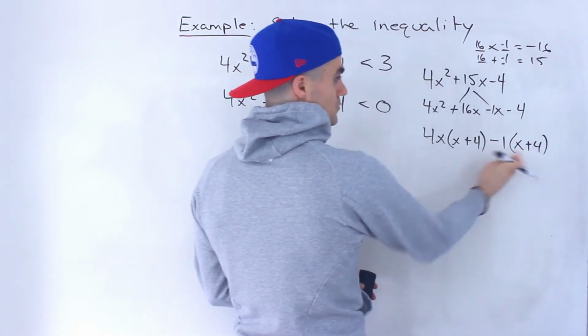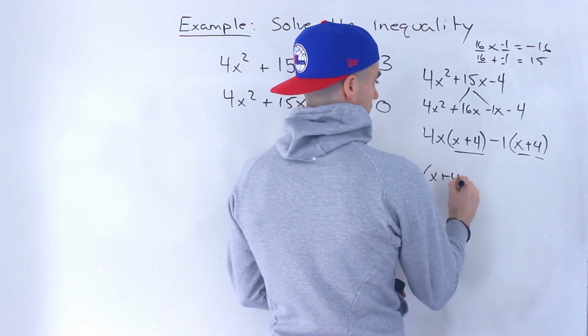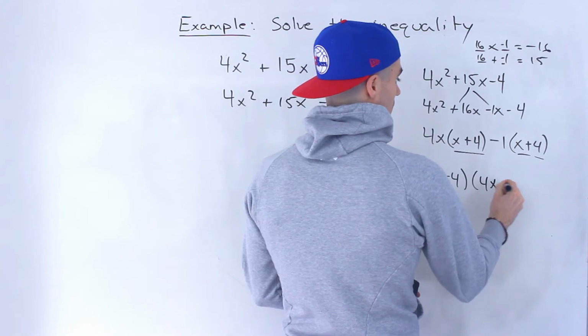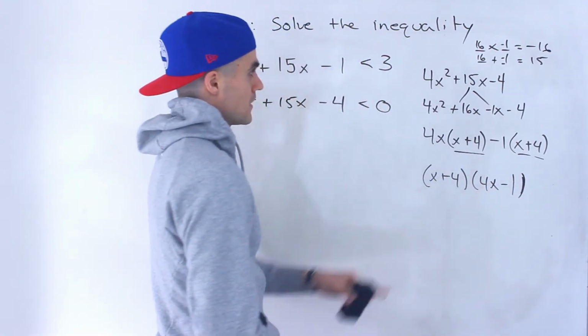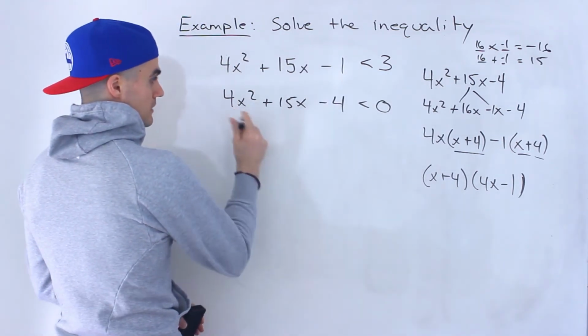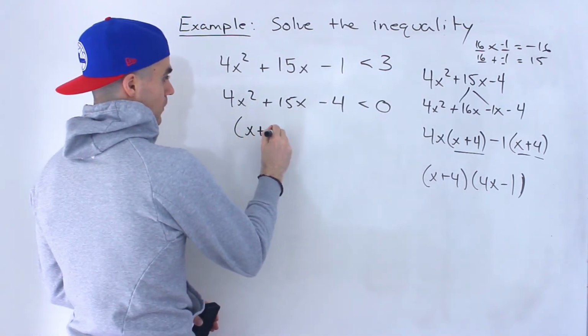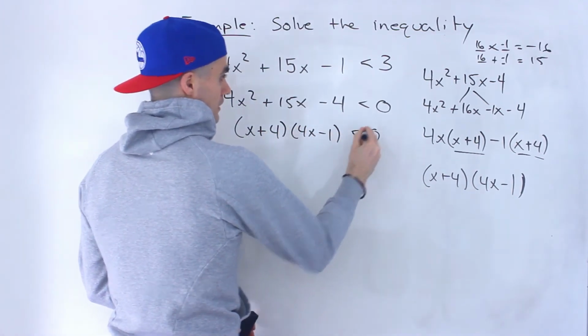This bracket should always be the same when you're factoring. Then we could take out the bracket, and we'd have 4x minus 1. So this factors into that, and we can rewrite this as x plus 4 times 4x minus 1.